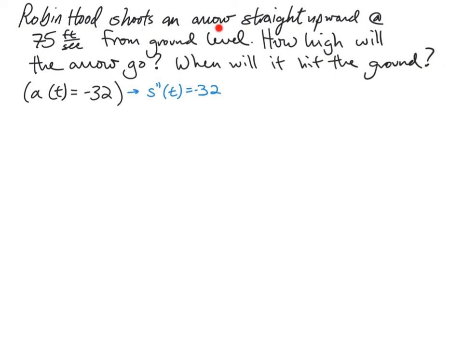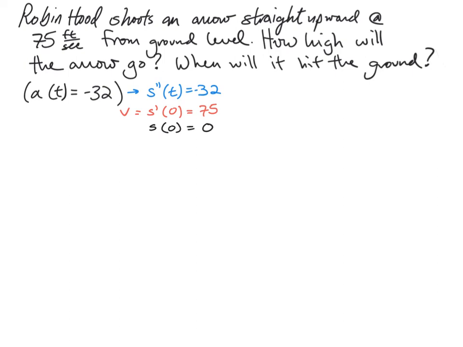This says he shoots the arrow straight up with an initial velocity of 75 feet per second. So we know at time 0, this can be written as s prime of 0, the velocity function, we know that it is 75 feet per second. And even better than that, we know the original position function at time 0.